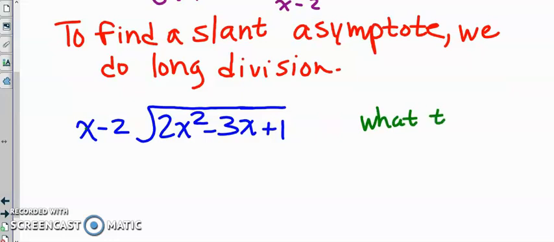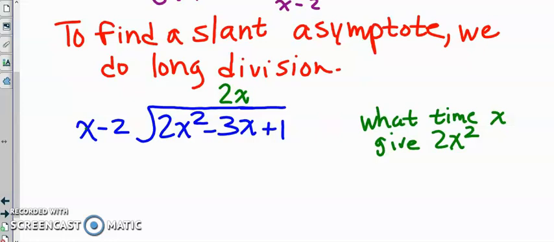And we should get 2x. We put that over the x term. 2x times x gives you 2x squared.